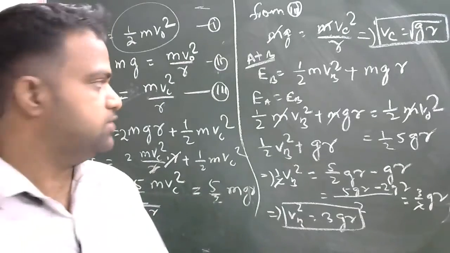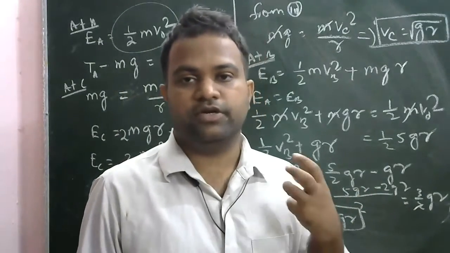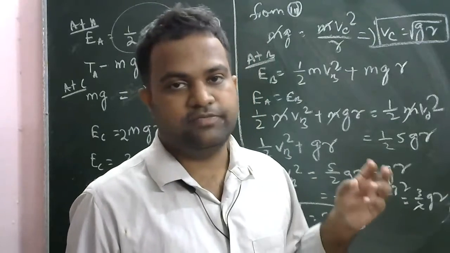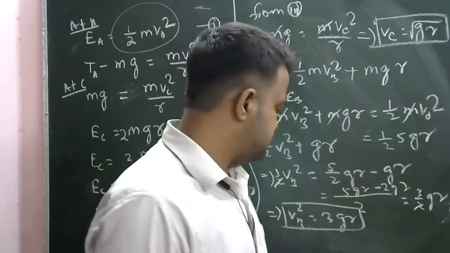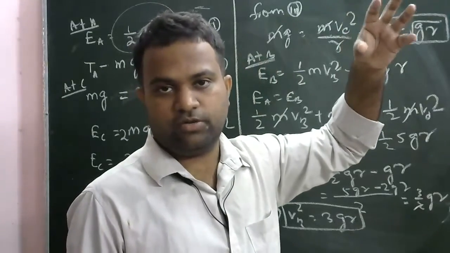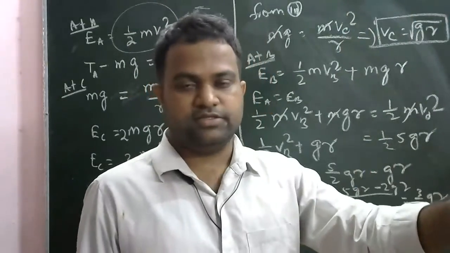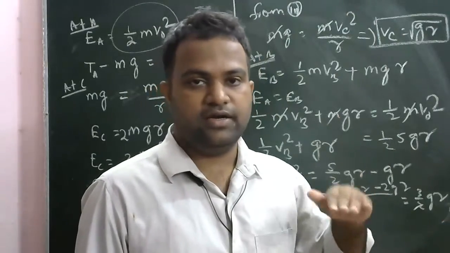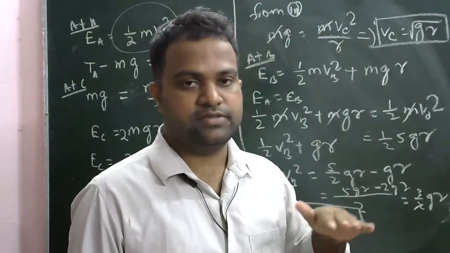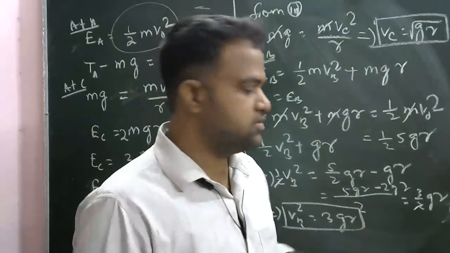So now you can see we have calculated VB, we have calculated VC, and we have calculated V0. What should be the initial velocity? What should be the velocity at position C, the top position, and what is the velocity VB, at a height of the radius?